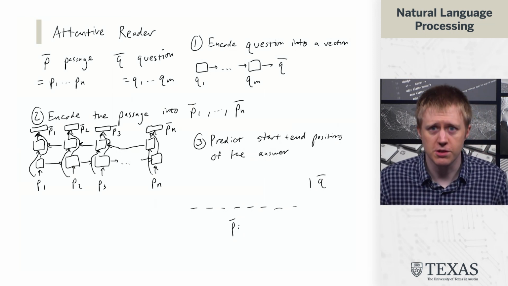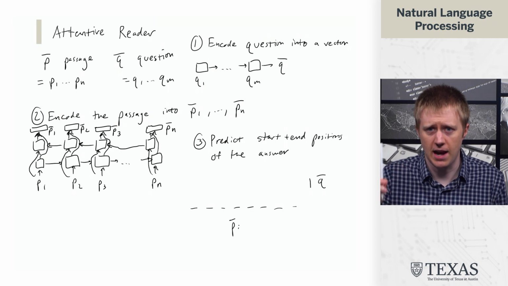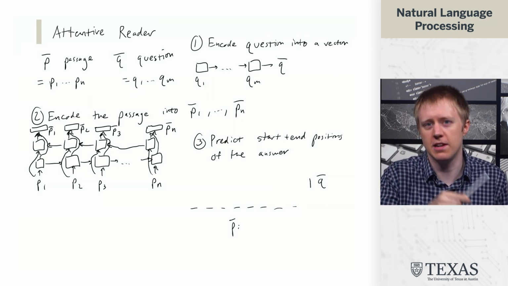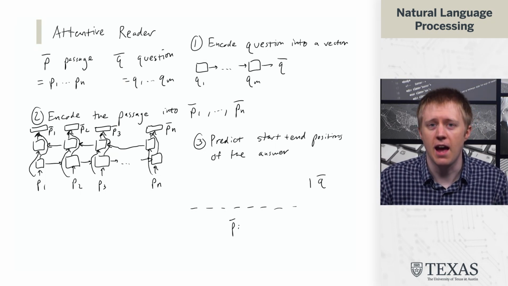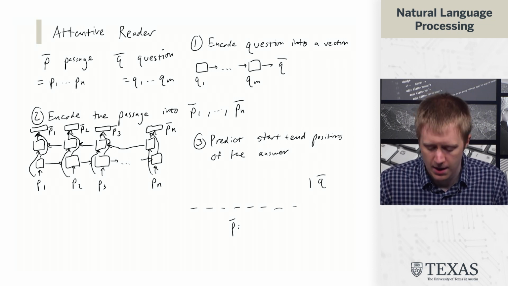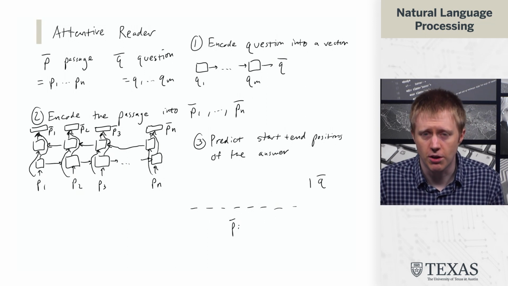Remember that in attention, we had our encoder for machine translation, and in our decoder we had a hidden state, which we then used to query the encoder at each step and form a distribution over the states of the encoder. We can do something very similar here, even though this is not an encoder-decoder model.